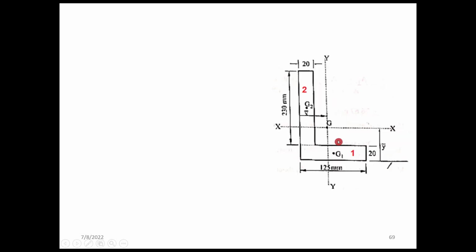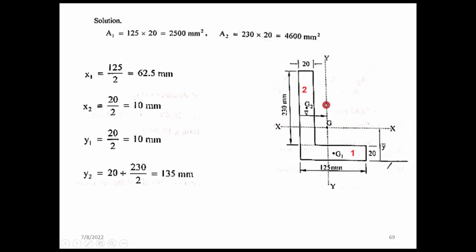Say rectangles 1 and 2. We have the first rectangle of 125 by 20 and the second rectangle of 230 by 20. Area 1 is 125 into 20, 2500, and area 2 is 230 into 20, 4600. x1 means the horizontal value, the centroid of the first rectangle, 125 by 2, so 62.5.